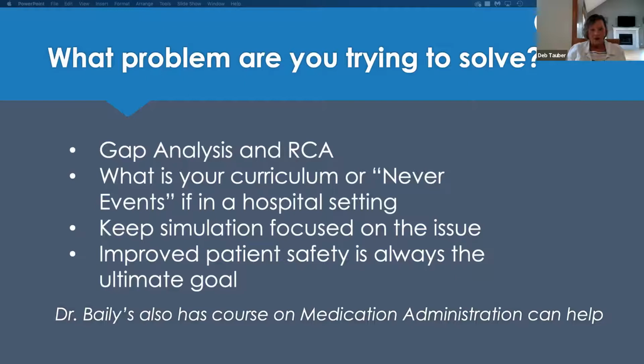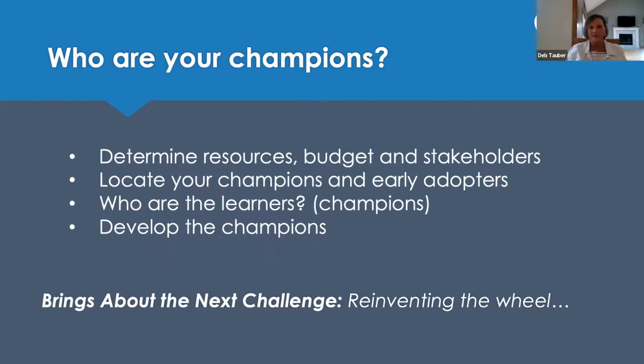In our next, who are our champions? Determine resources, a budget, and who your stakeholders are. I saw in the chat box earlier, you have to find your champions and your early adopters. And Lance mentioned that a lot of times the first person in gets kind of crucified.